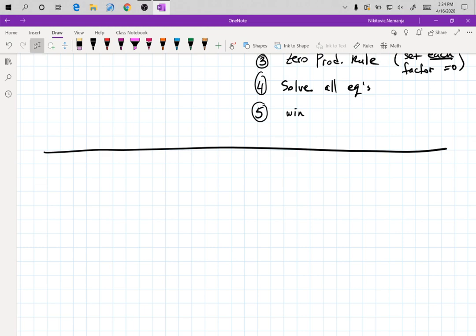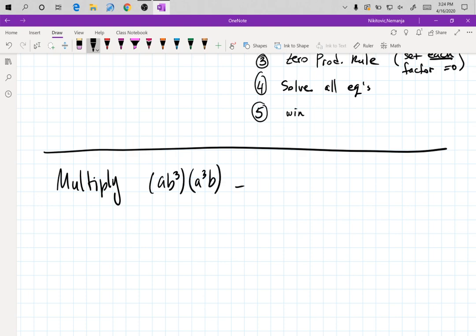So, multiply a b cubed times a cubed b. Well, you add exponents, so a times a cubed is a to the fourth, and b cubed times b is b to the fourth, because 1 plus 3 is 4 and 3 plus 1 is 4. So, yeah, easy.